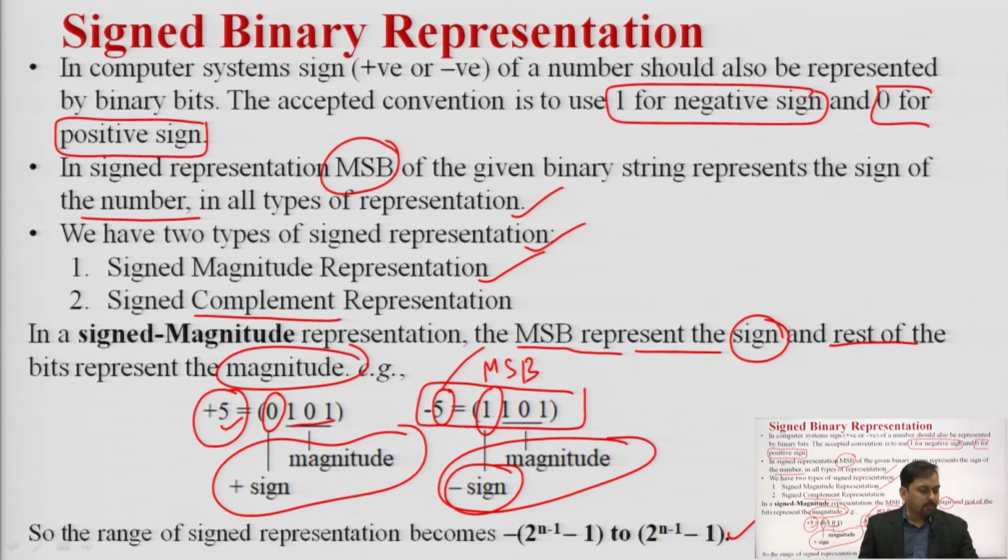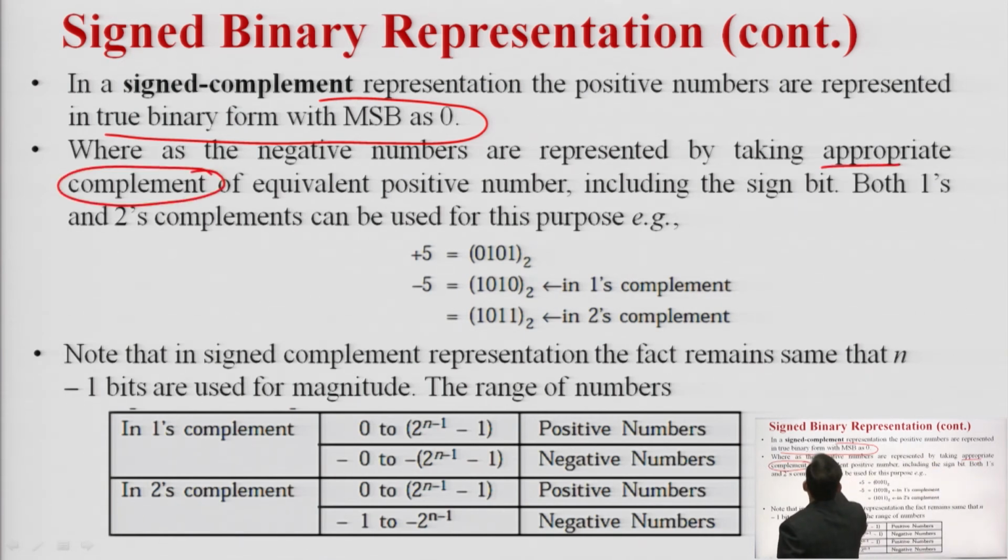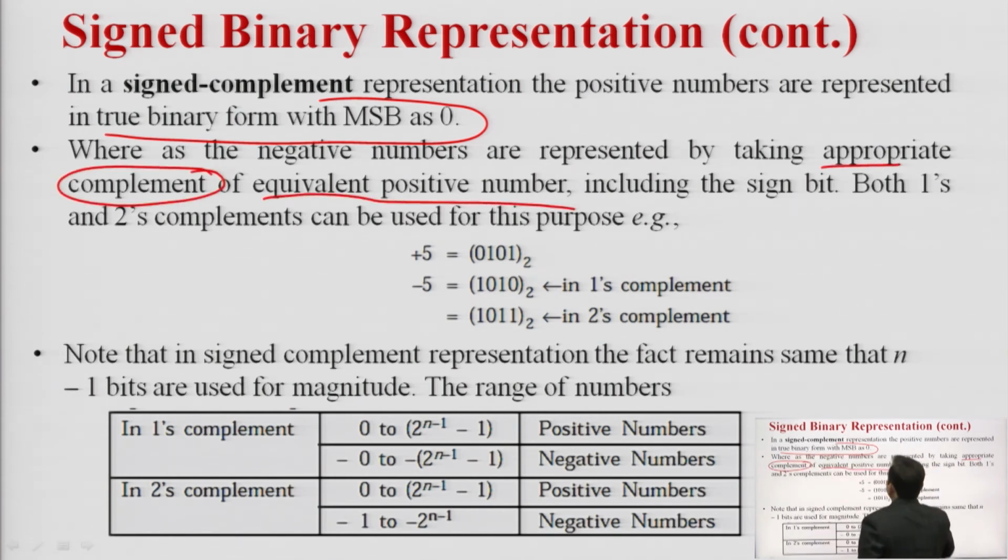After this signed magnitude representation, we have the signed complement representation. In a signed complement representation, the positive numbers are represented in true binary form with MSB equal to 0, whereas the negative number is represented by taking the appropriate complement of the equivalent positive number.